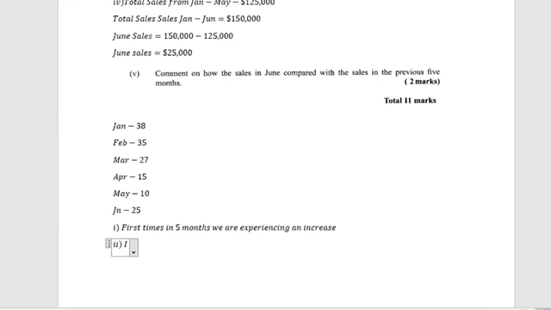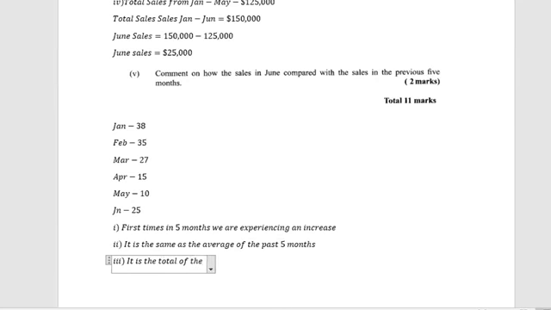It is the same as the average of the past 5 months. Jamila said it is the total of the past 2 months.